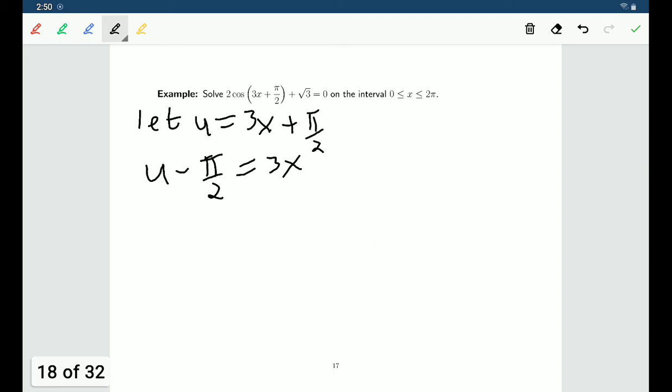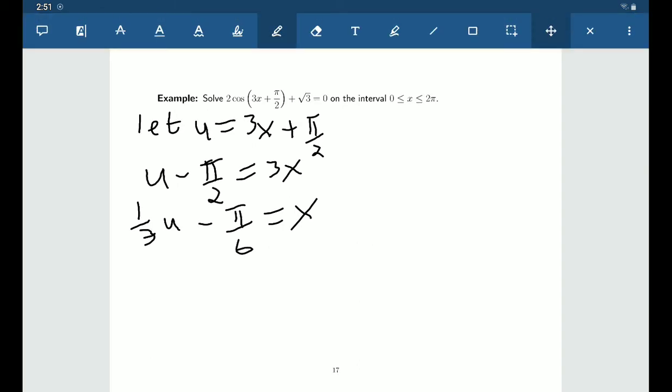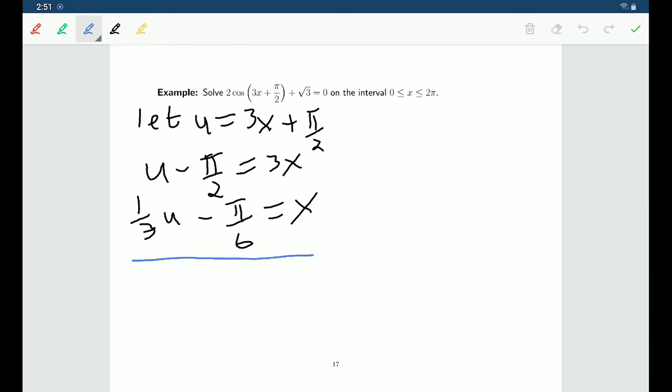And if we divided everybody by 3, that would be 1/3 u minus pi over 6 is equal to x. And the reason I'm doing this is because I'm going to need to use this relationship to rewrite my interval, because the interval right now that we were given from 0 to 2 pi, that's in terms of x, but we need the interval to be rewritten in terms of u.